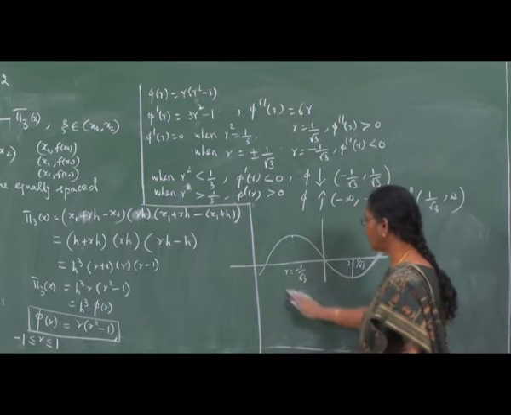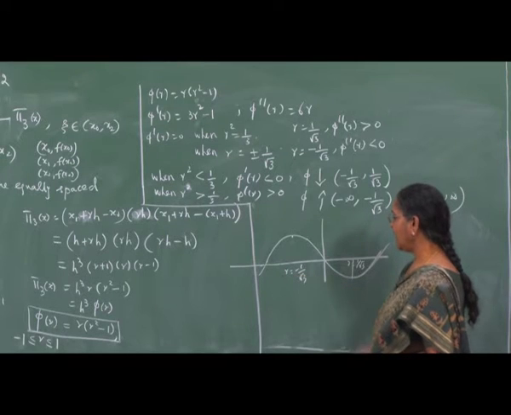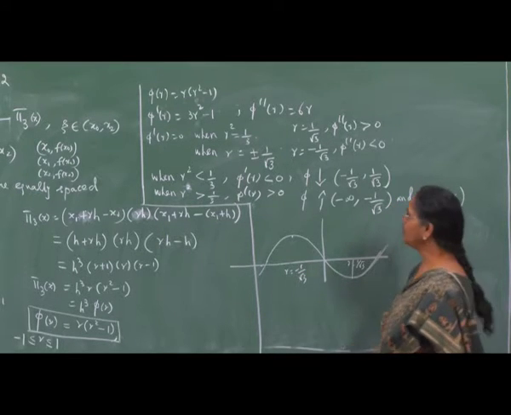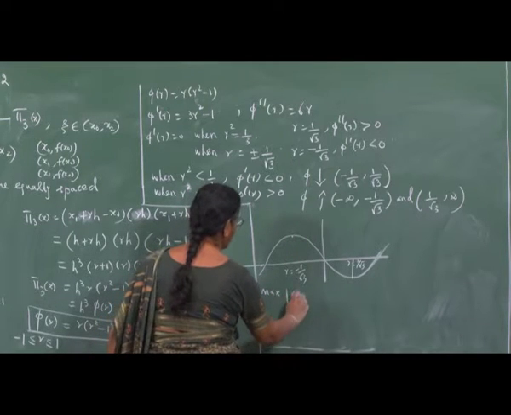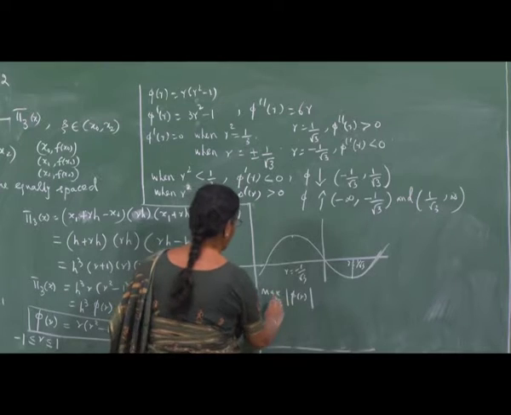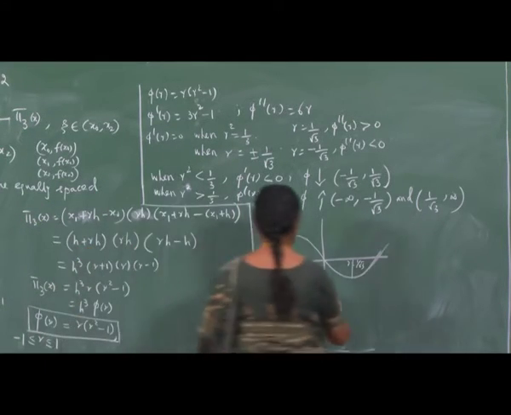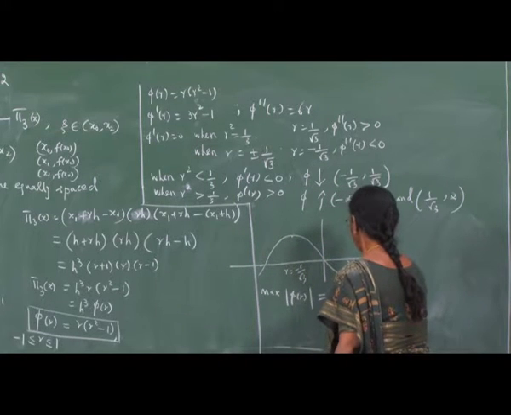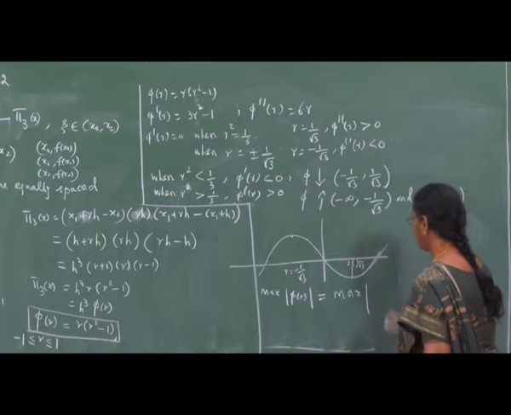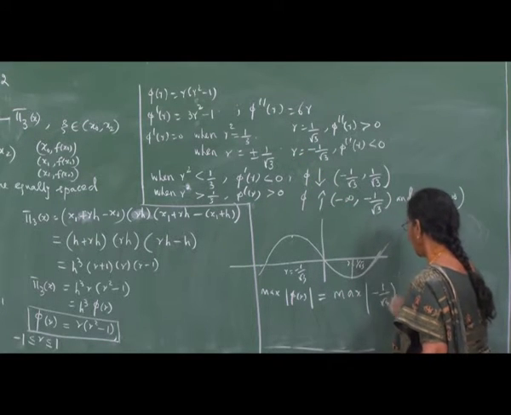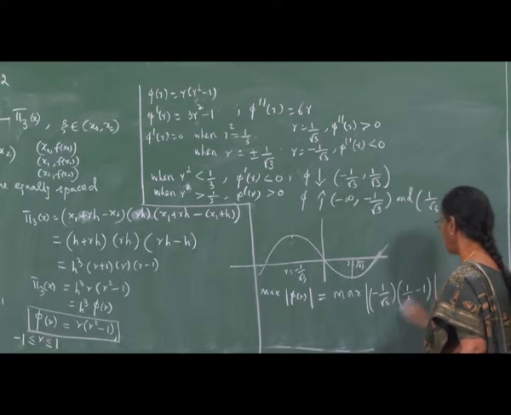So, we compute the maximum value of phi, which is attained at r is equal to minus 1 by root 3. So, maximum of modulus of phi of r for r lying between minus 1 and 1 is going to be maximum of modulus of r into r square minus 1. So, r is minus 1 by root 3, r square is 1 by 3 minus 1.